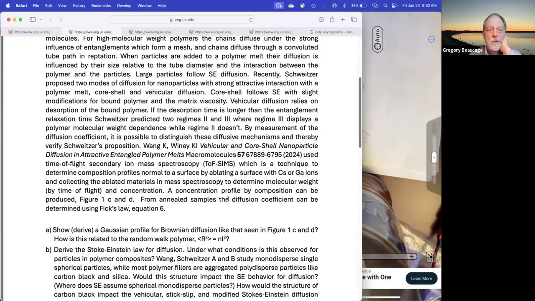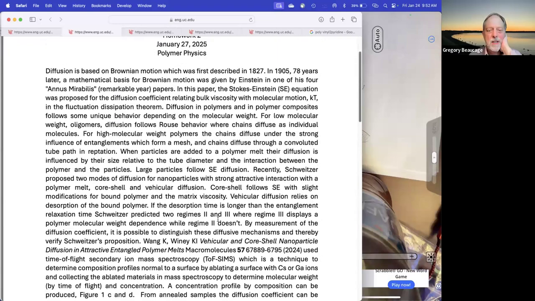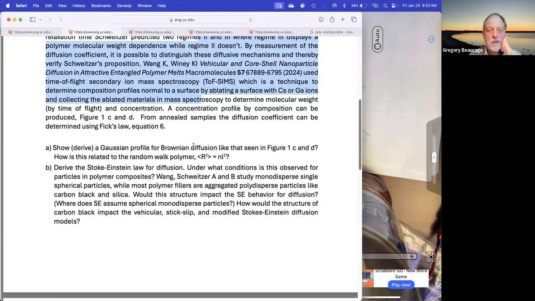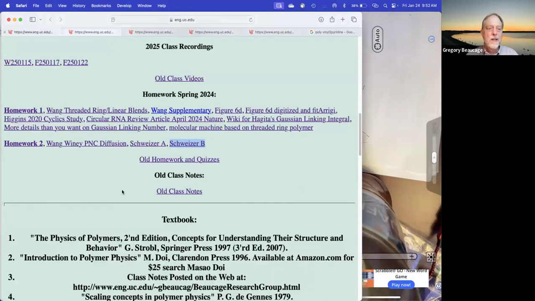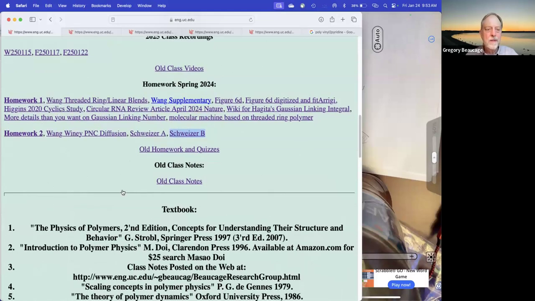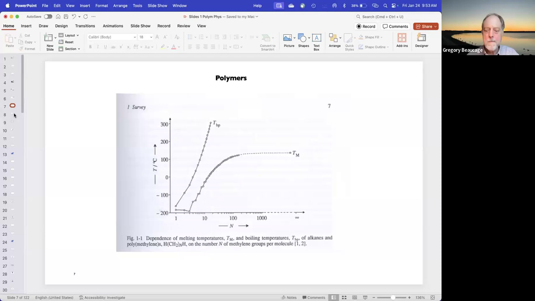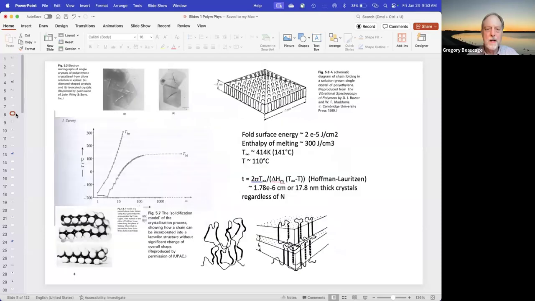So anyway, I go through a little bit about that, whatever my opinion is. And then I just say, take Einstein's paper, and I went through it in the notes.